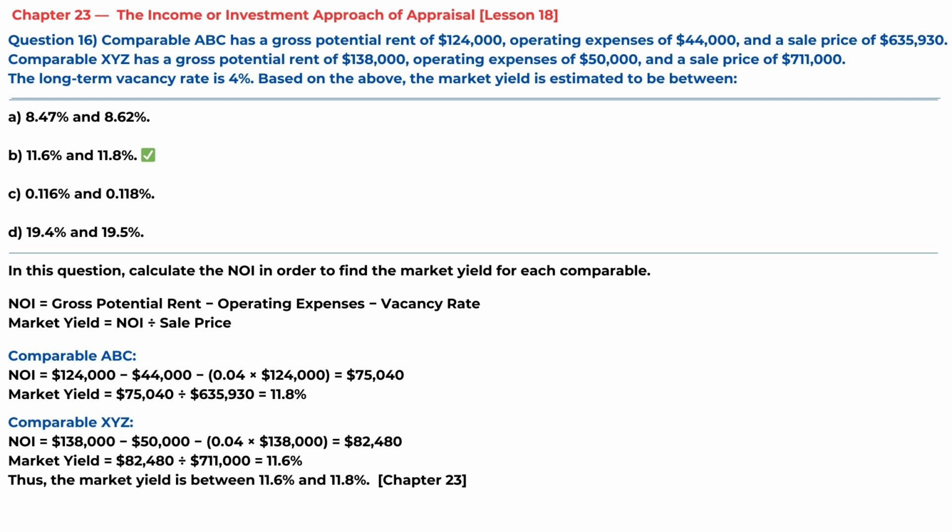Net operating income equals $138,000 minus $50,000 minus 0.04 times $138,000, which equals $82,480. Market yield equals $82,480 divided by $711,000, which equals 11.6%. Thus, the market yield is between 11.6% and 11.8%.